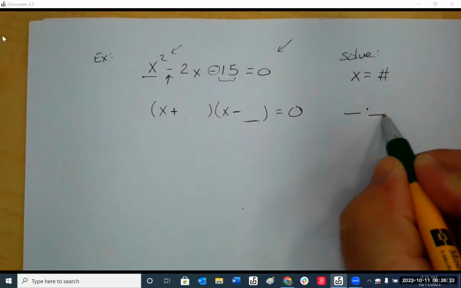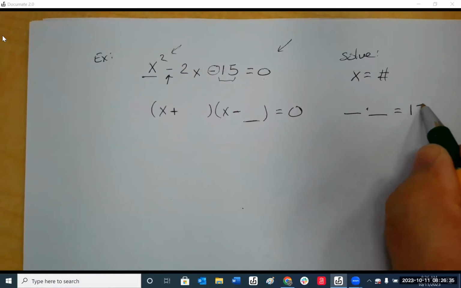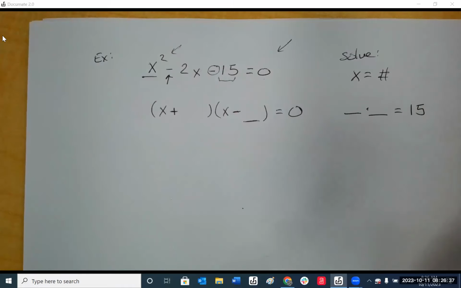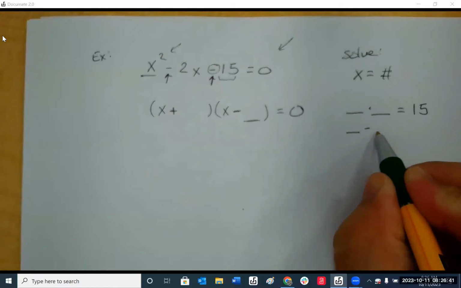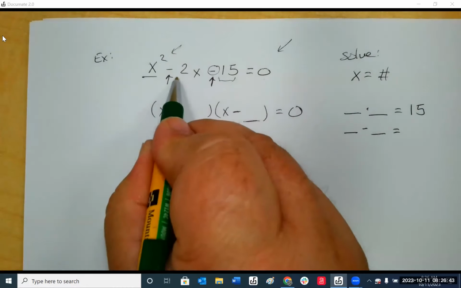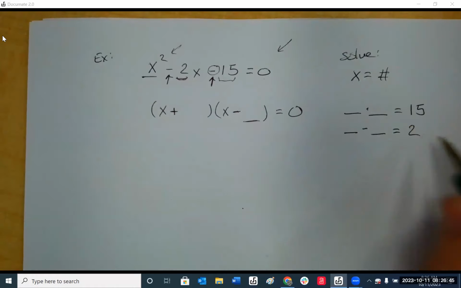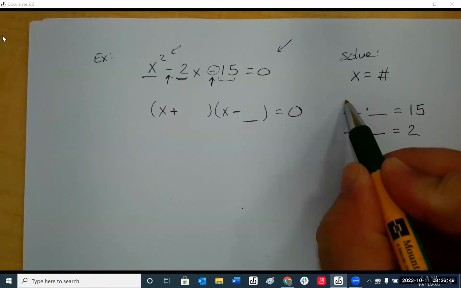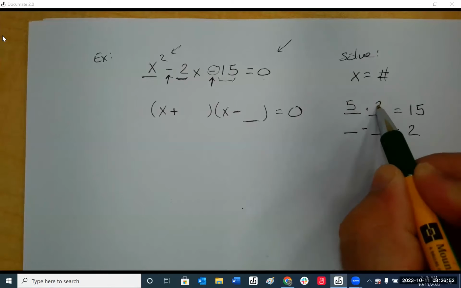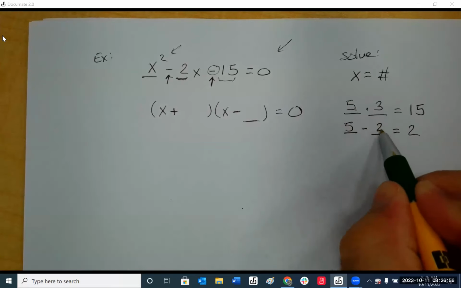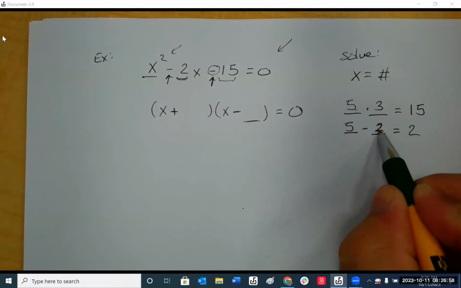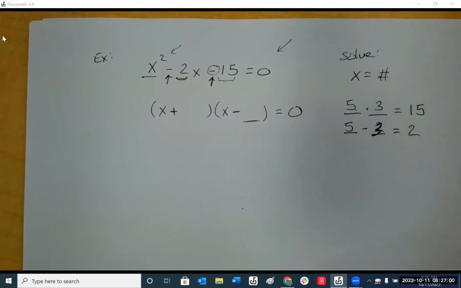What two numbers multiplied together give you 15? So it's a minus, that when you subtract them, you get 2. Five times 3 is 15. 5 minus 3 is 2.